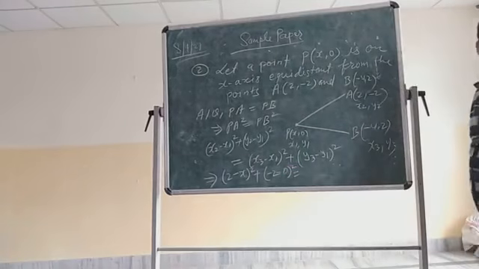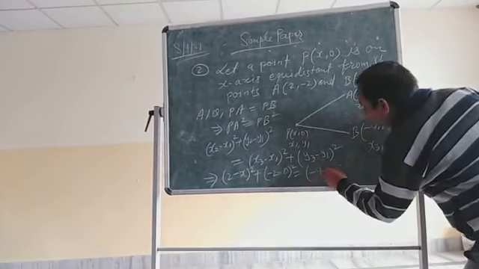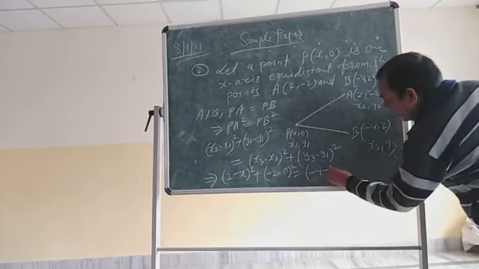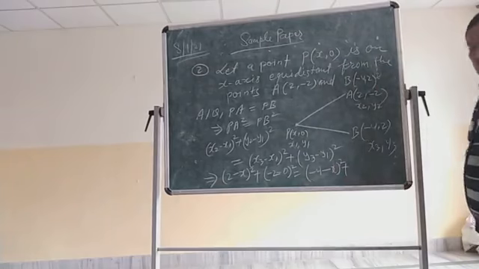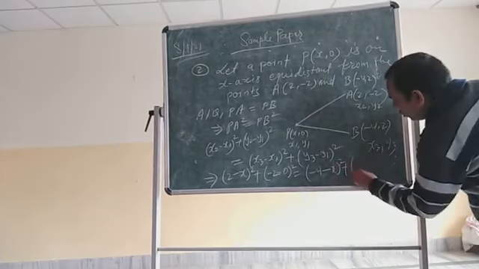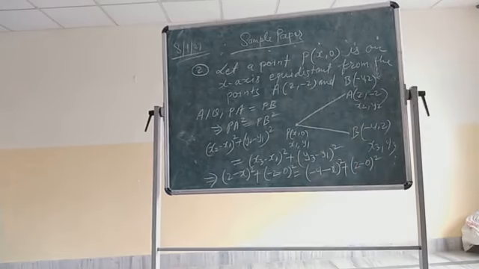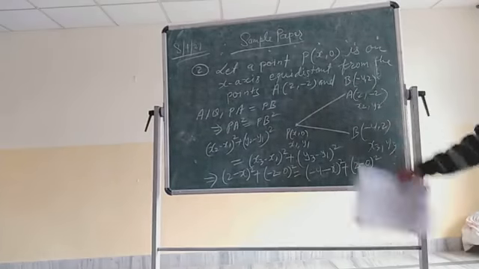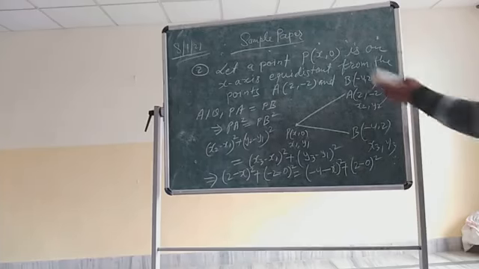Now x3 minus x1: x3 is minus 4, minus x, plus (y3 minus y1), where y3 is 2, 2 minus 0 whole square. Clear? Have you noted up to here? Noted? Okay.